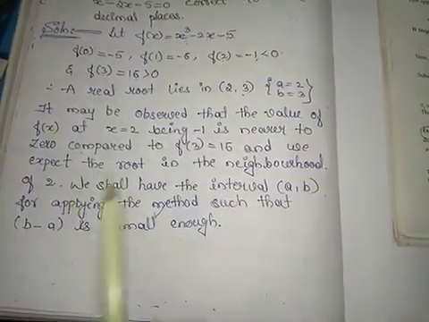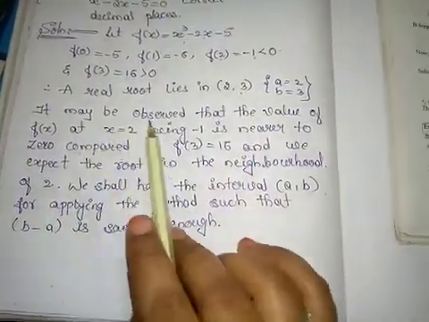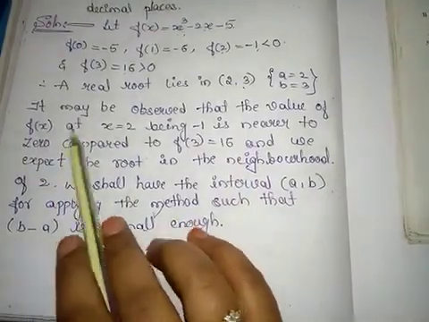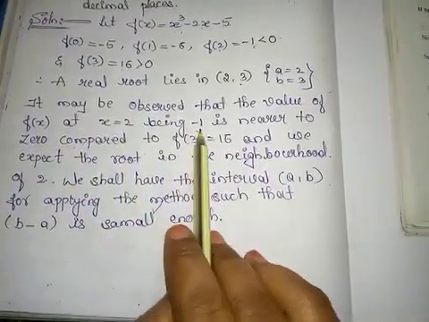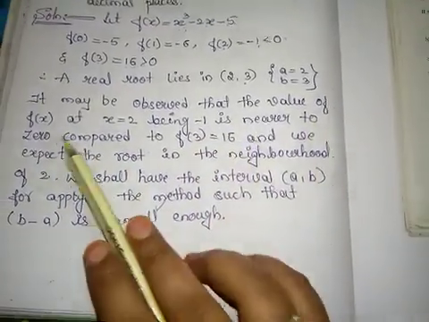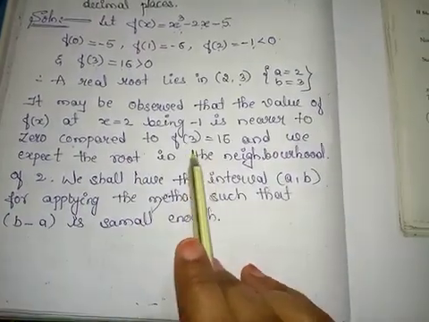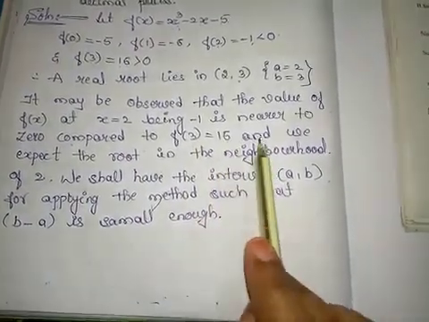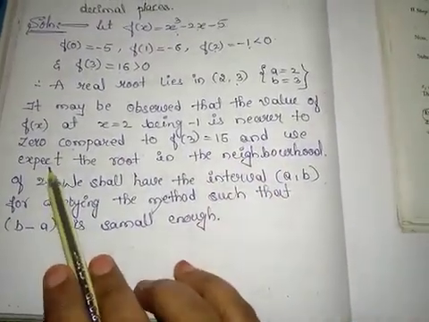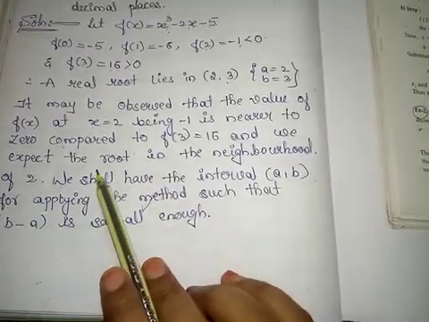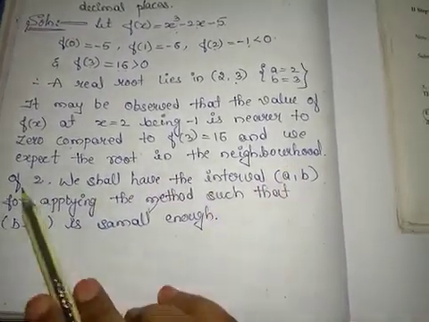From the observation, it may be observed that the value of f of x at x equal to 2 being minus 1 is nearer to 0 as compared to f of 3 which is equal to 16, and we expect the root in the neighborhood of 2.